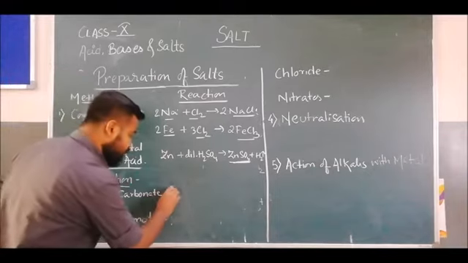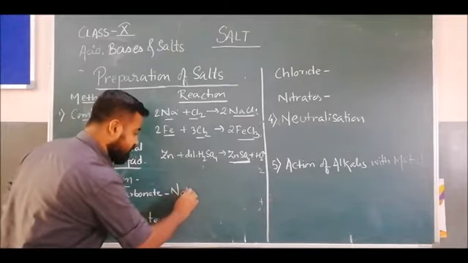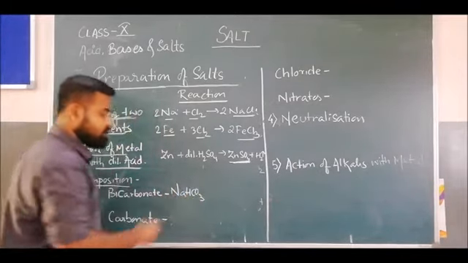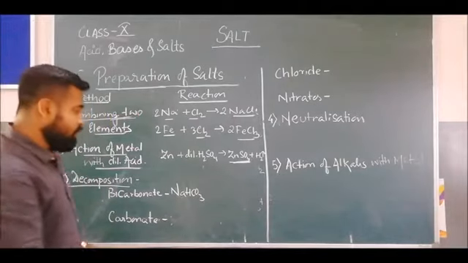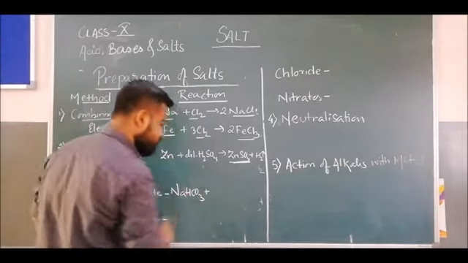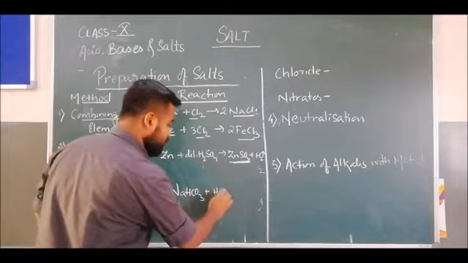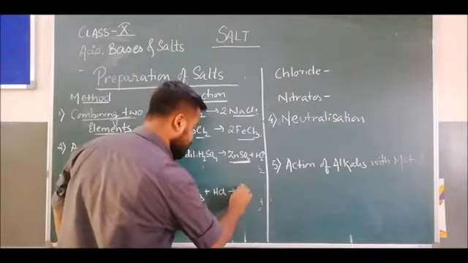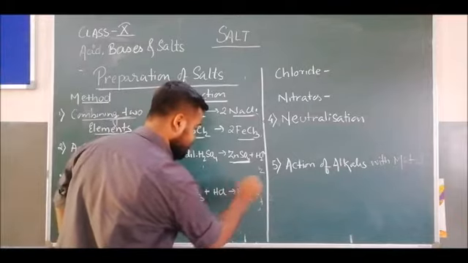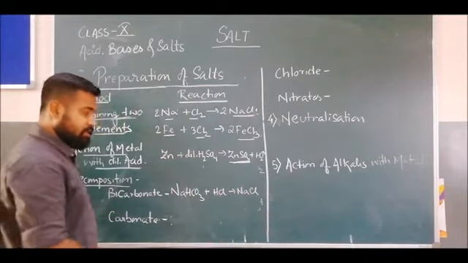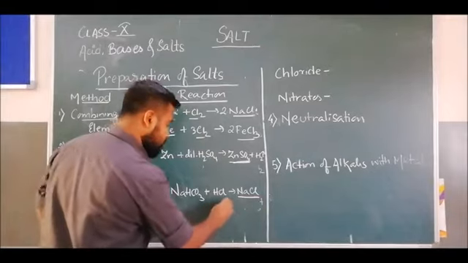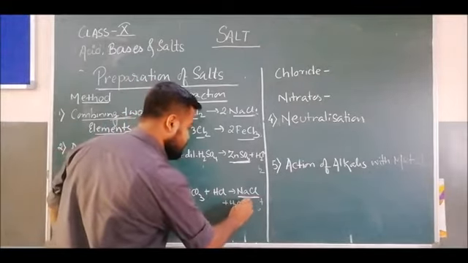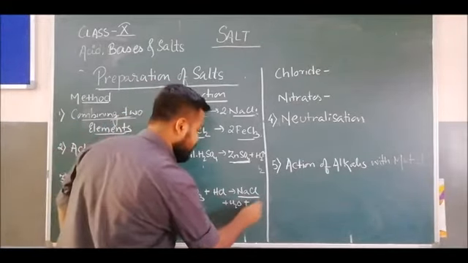For example, if we take sodium hydrogen carbonate, NaHCO3, when it is treated with HCl, what happens? We get NaCl, this is the salt, plus water plus carbon dioxide.